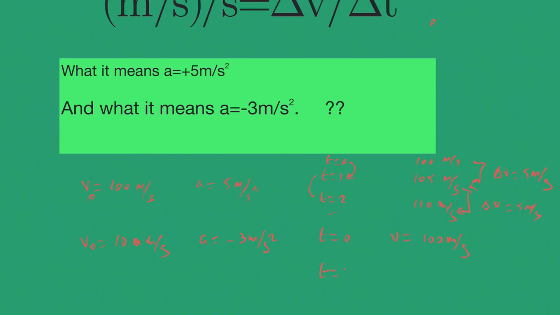After 1 second, your new velocity has decreased by 3 meters per second, so it is 97 meters per second. After another second, t equal 2, it will be 3 meters per second less, so 94 meters per second. But this is the equation of a rectilinear line, because the slope, that is the acceleration, measures how much you increase or decrease per second.